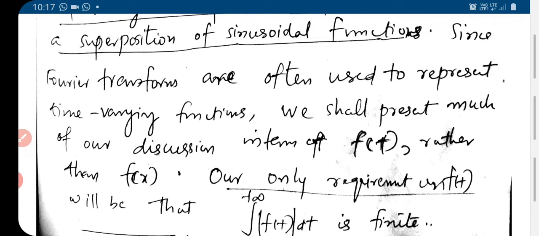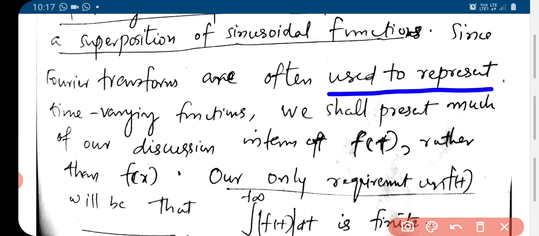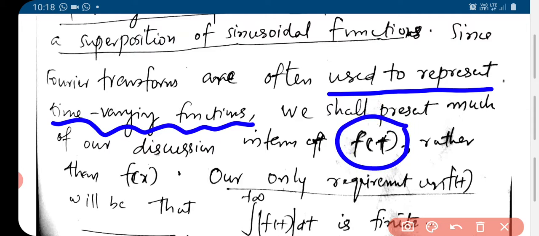Fourier transforms are often used to represent time-varying functions. So instead of f of x, we will be using f of t. In Fourier series, we used f of x, but here we will be using f of t.